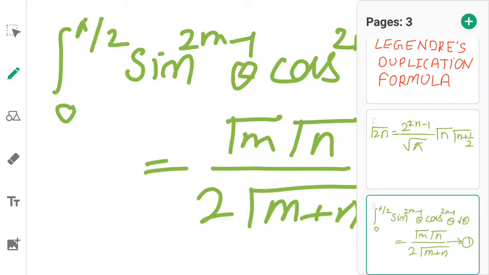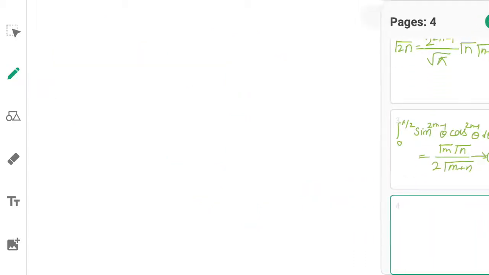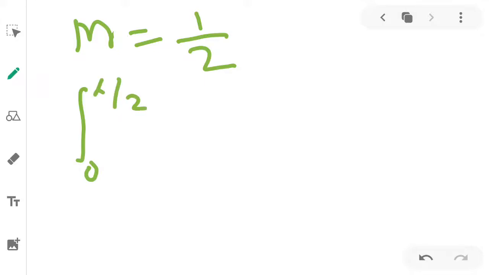Now we will put m is equal to 1 by 2 in this equation. What do we get? Integral 0 to pi by 2. The power of sine, 2m minus 1, will be 2 into 1 by 2 minus 1, that is sine to the power 0 theta, which means it will be 1. So we get cos to the power 2n minus 1 theta d theta.